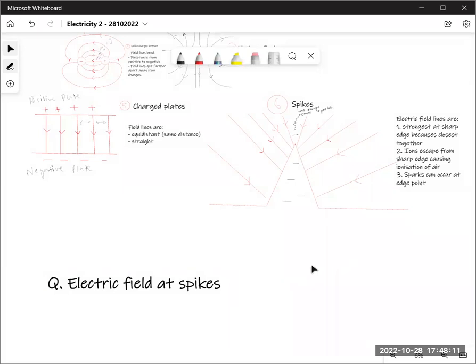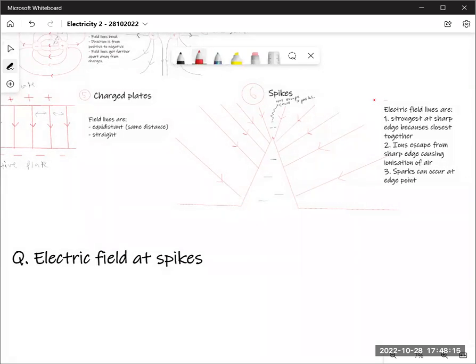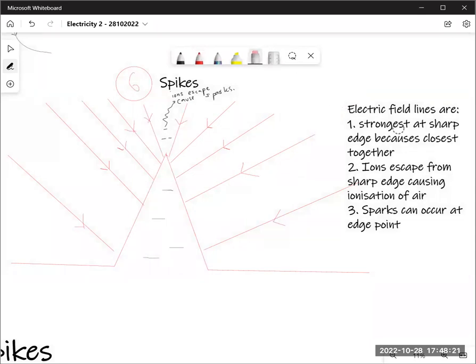You can do 6. Now the rest of you, first, Diana, start reading from here. Electric field lines are: number 1, strongest at sharp edge because closest together.